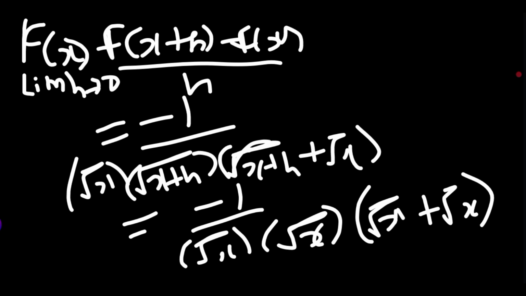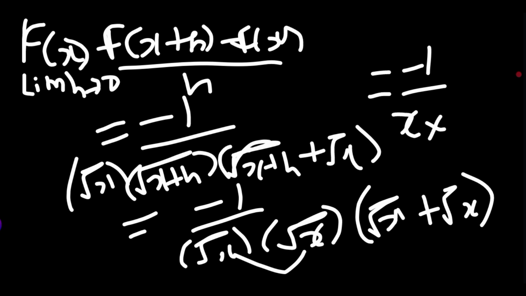Doing this, you're going to be left with minus 1 over square root of x times square root of x, times the square root of x plus square root of x, which is equal to 2 root x. Because root x plus root x is equal to 2 root x.